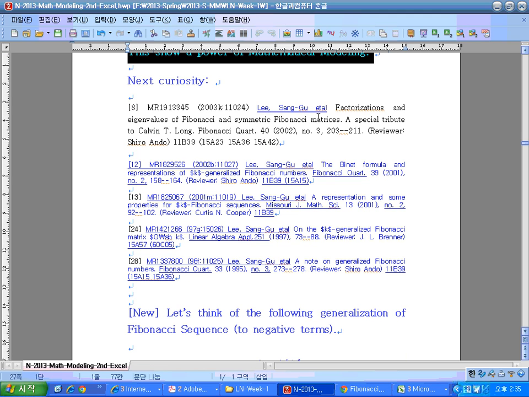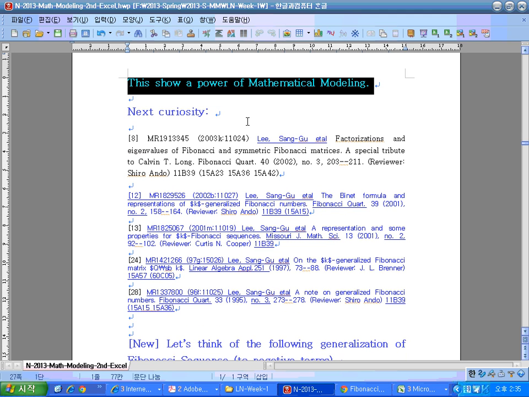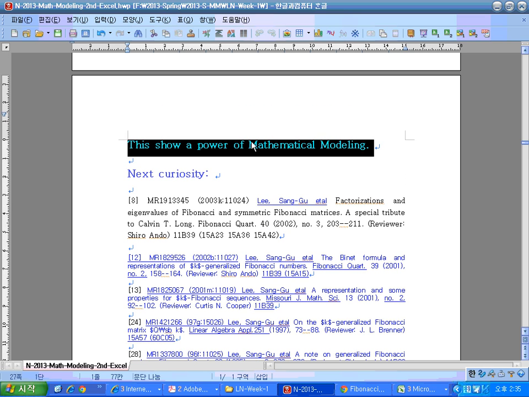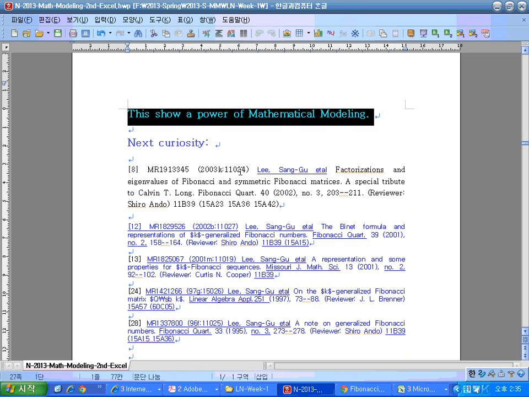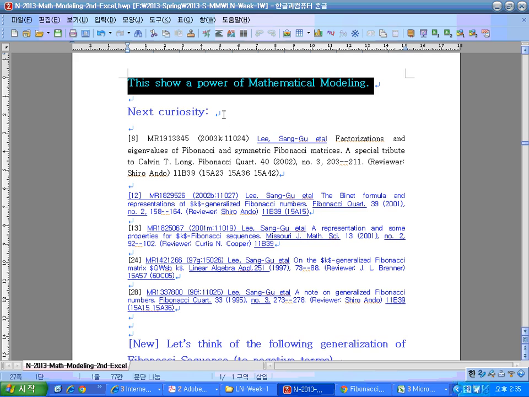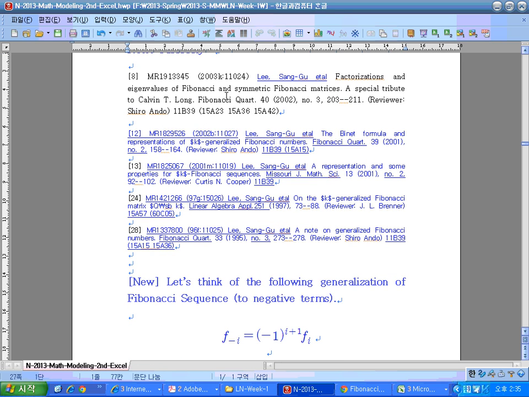Then we can think that this model is related to a special type of matrix, which is called the Fibonacci matrix. So we can think of the general form of those Fibonacci matrices.